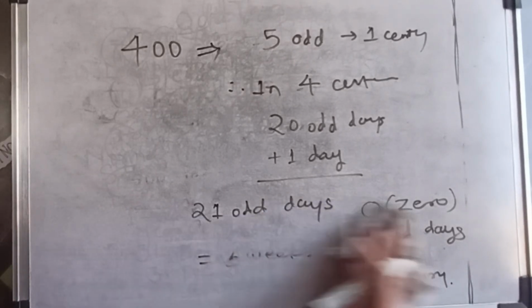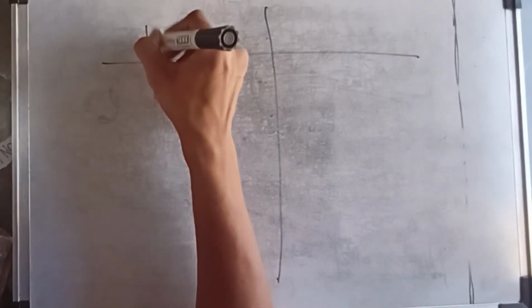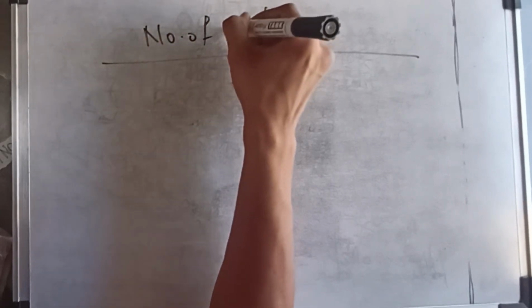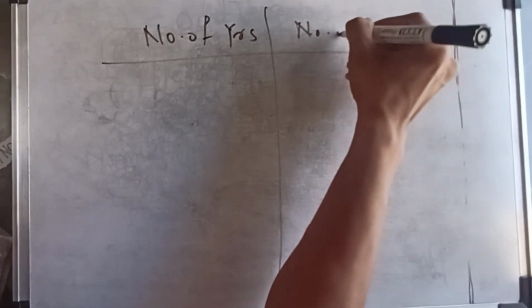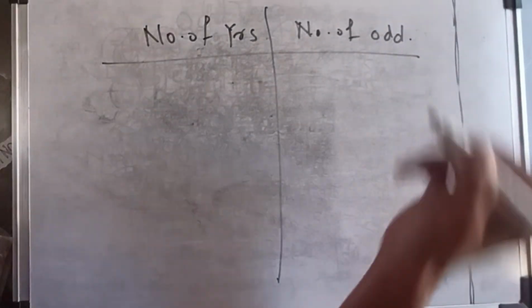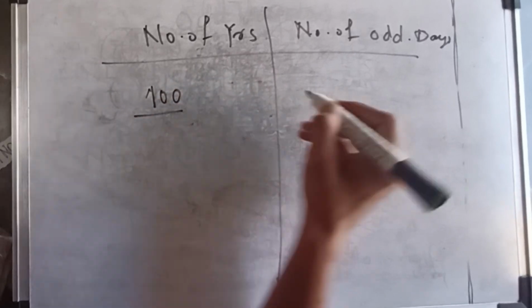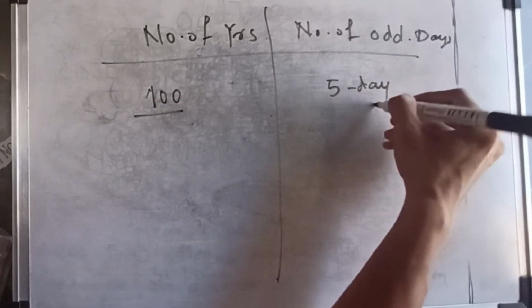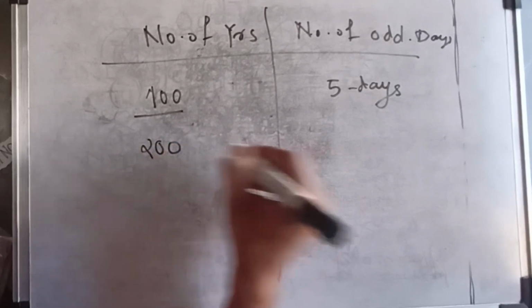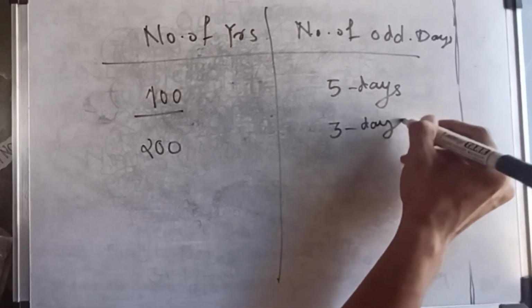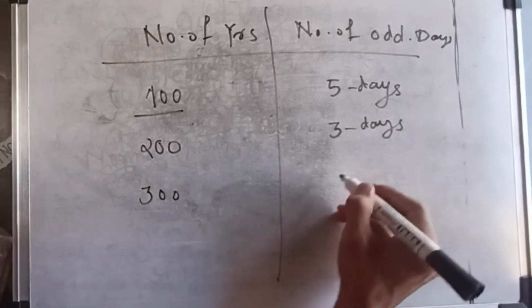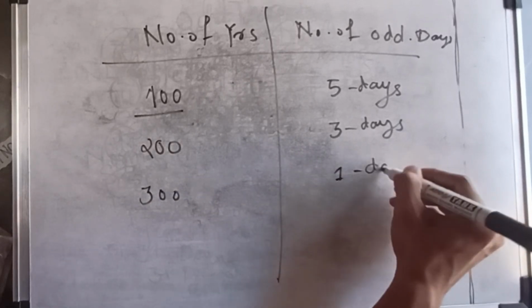Now we will create a table for what we have learned up till now. The table goes like this: number of years and number of odd days. 100 years, that is a century, we will have 5 odd days. 200 years, we will have 3 odd days. 300 years, we will have 1 odd day.